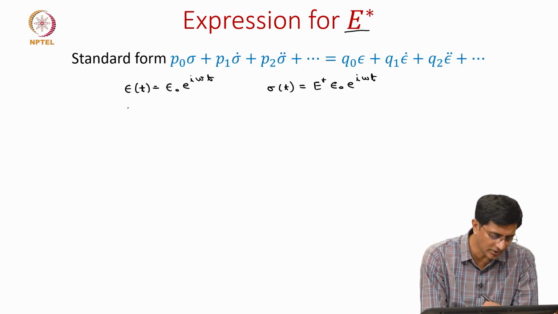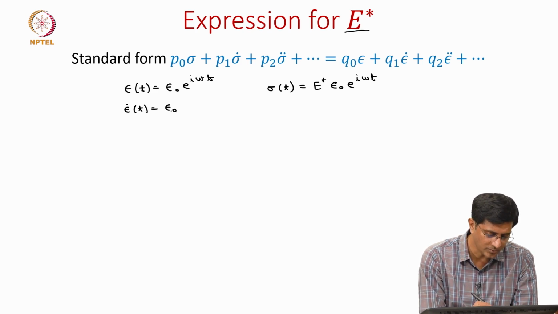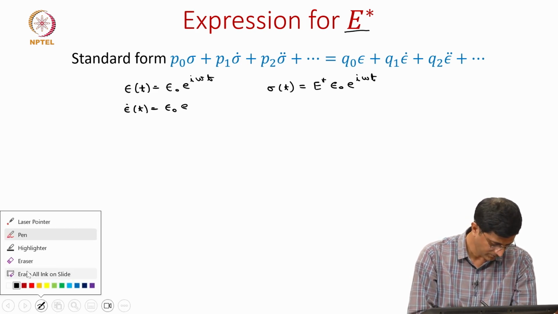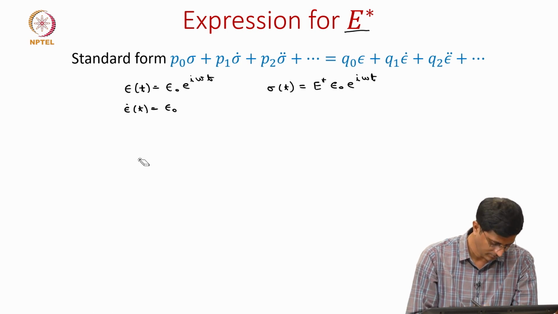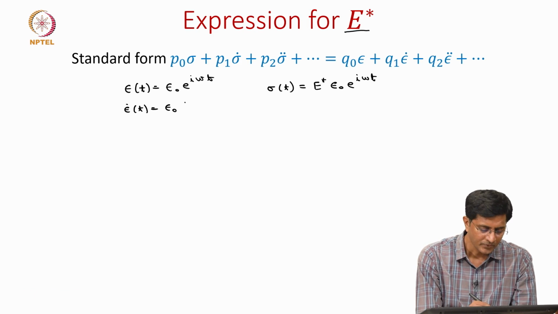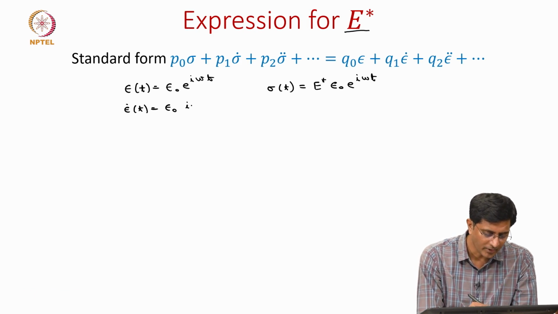First, the first derivative of the strain: epsilon naught is a constant, and the derivative of e power i omega t can be written as the constant times itself, so we write it as i omega times e power i omega t.